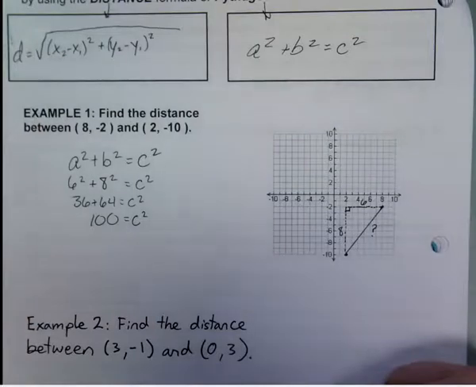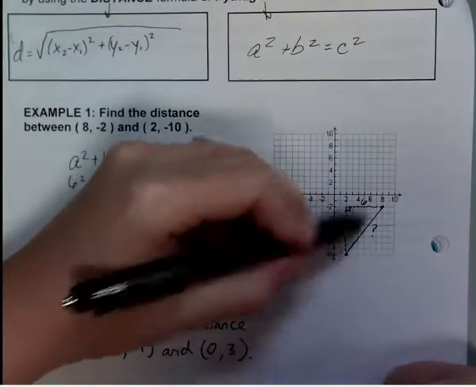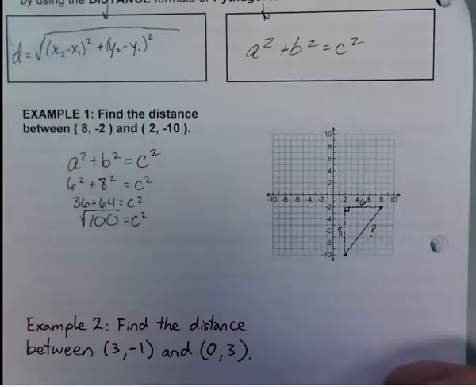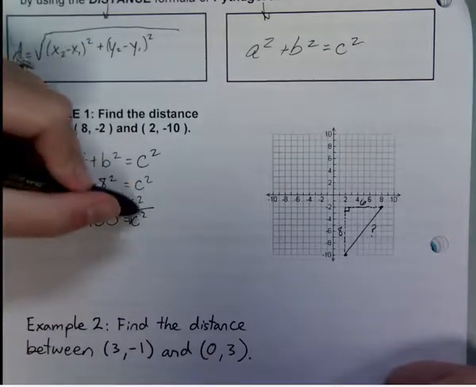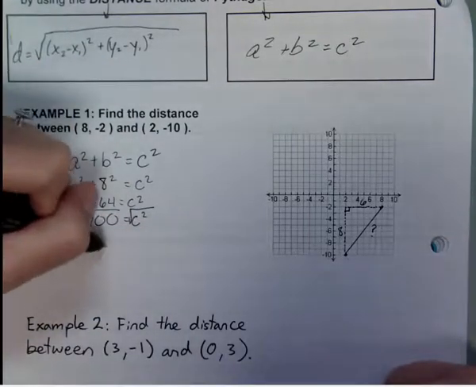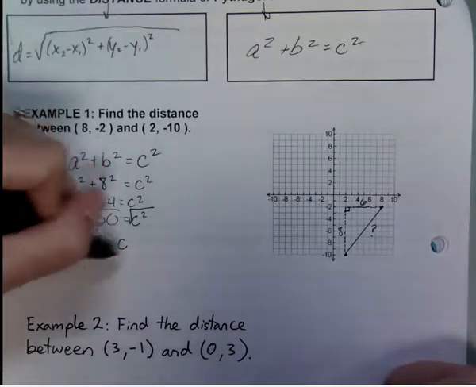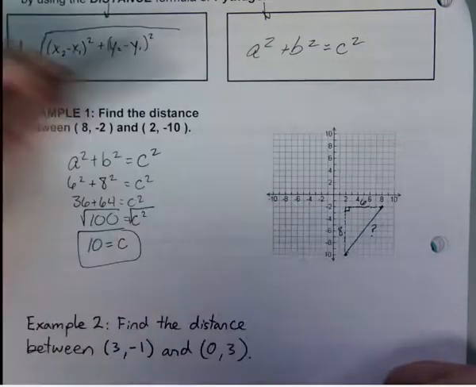Make sure you don't make your final answer 100. This is c squared. We want to know what c is, the length of c. We do not care about c squared. So we have to take the square root to get rid of that squared symbol. So the square root of 100 is 10. So the length of this line is 10 units long from here to here.